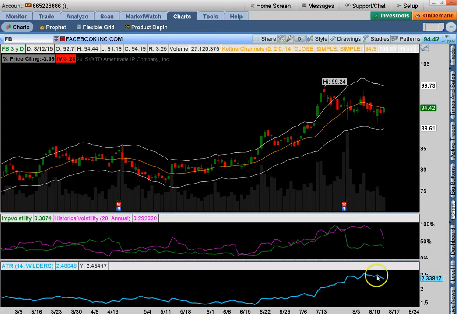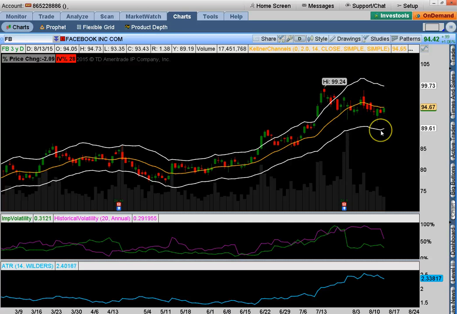So if I know that this stock is going to move on average $2.33 a day, these Keltner channels show me the boundaries of what those numbers are. This particular one I have set for 2 average true ranges, so we're basically 2 times 2.33 above and 2 times 2.33 below.